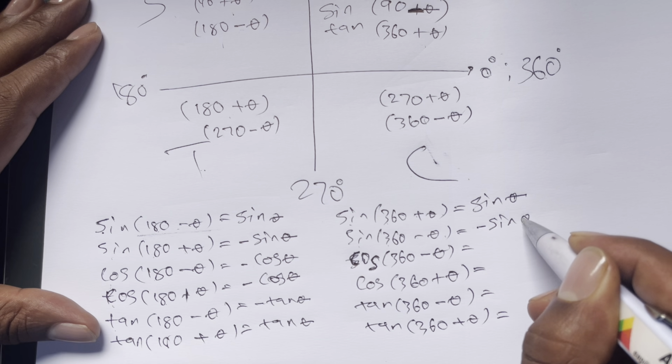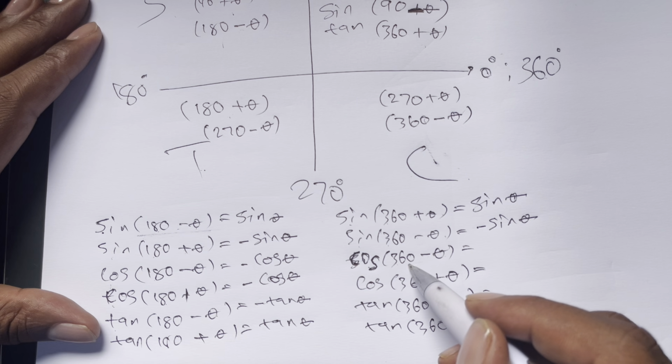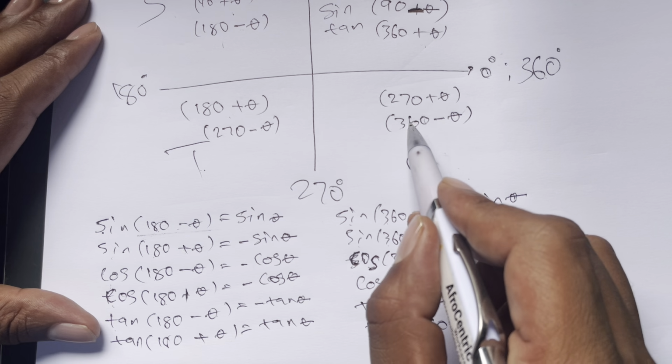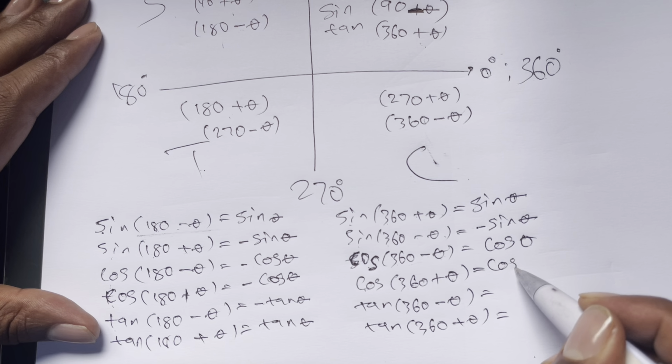It's going to be negative sine theta. You have cos into 360 minus theta, which is in the fourth quadrant, so cos is positive. Cos theta. Cos into 360 plus theta is in the first quadrant, so cos is also positive. Cos theta.